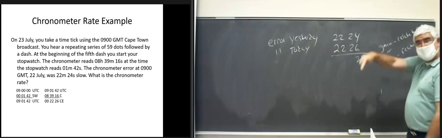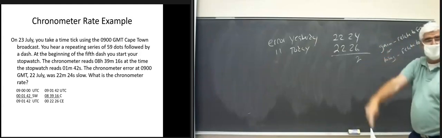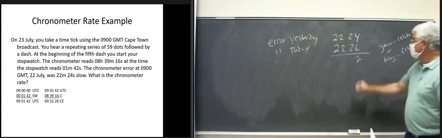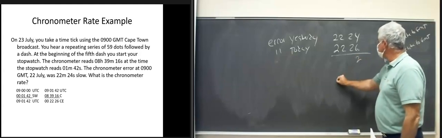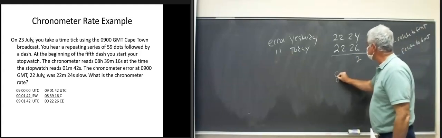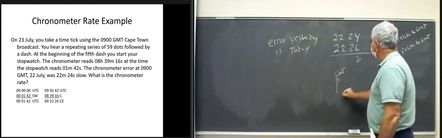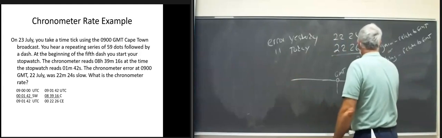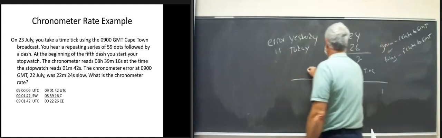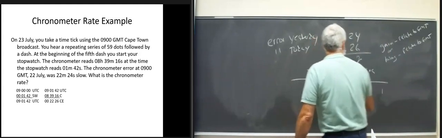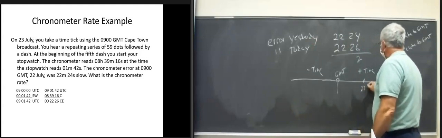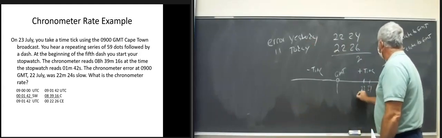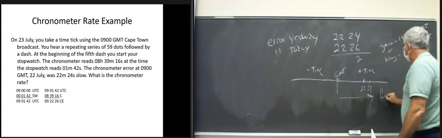It's heading back towards GMT, so it's gaining on GMT. Let's say this is GMT, and we've got a number line here. The number line is plus time, and the number line is minus time. Yesterday we were here, 22. Today we're here, 24. We're getting farther from GMT. That's losing.